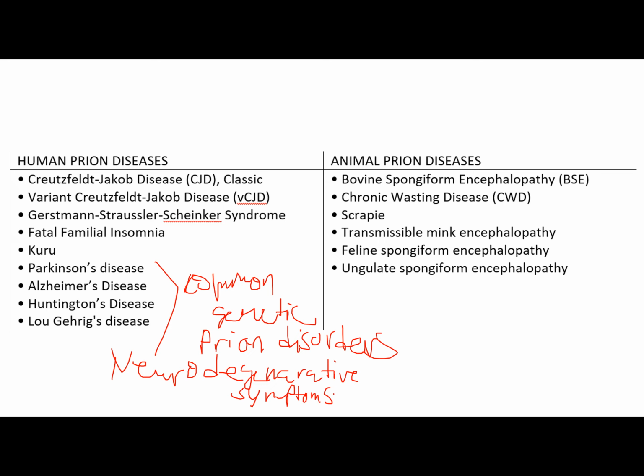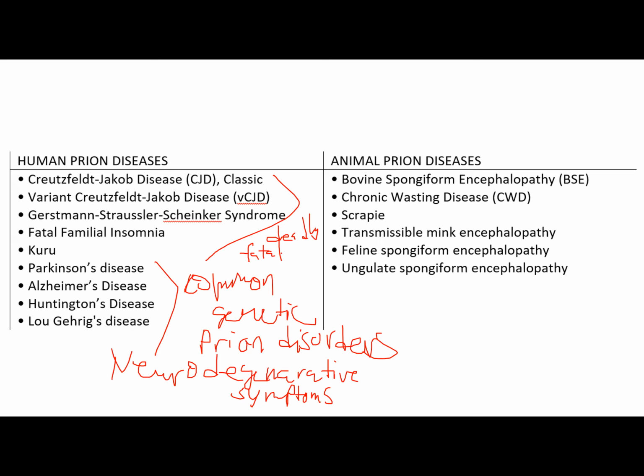So, nag-degenerate yung mga nerves nyo class in those four diseases. While itong Creutzfeldt-Jakob, variant Creutzfeldt, Gerstmann-Straussler, fatal familial insomnia, and Kuru are the ones that are deadly. And once you get infected by them, they tend to be fatal.